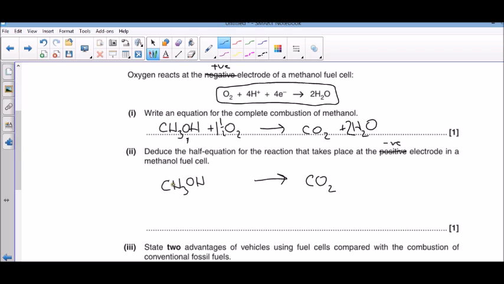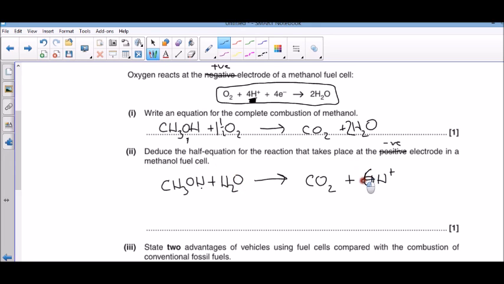So now I'm going to look at, this is in acidic conditions, because I can see at the oxygen electrode we've got H+. So I'm now going to balance this half equation in acidic conditions. So if I've got 4 hydrogens on the left, I'm going to need 4 H+ on the right. And then if I look at the oxygen, so I've got 1 over here, 2 over here. So I'm going to need some water, which then obviously affects my hydrogens again.